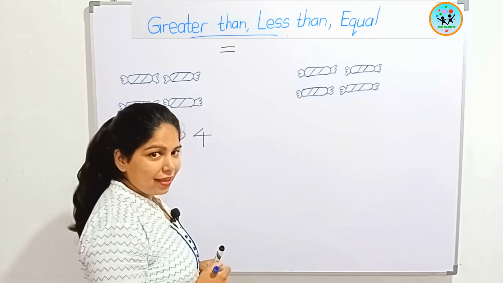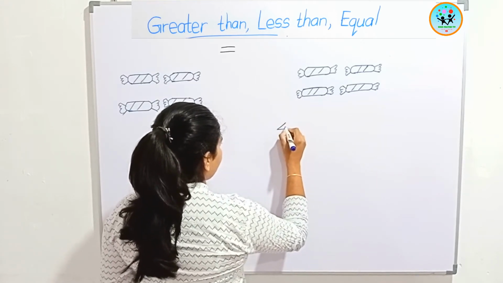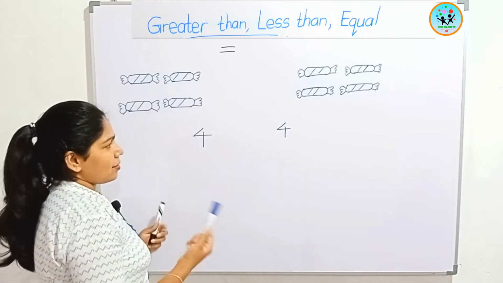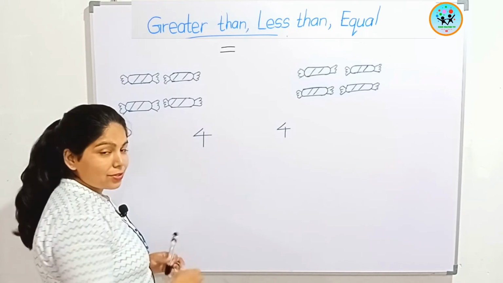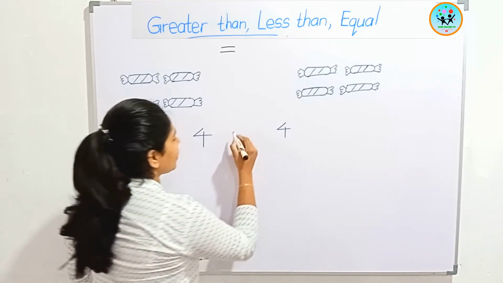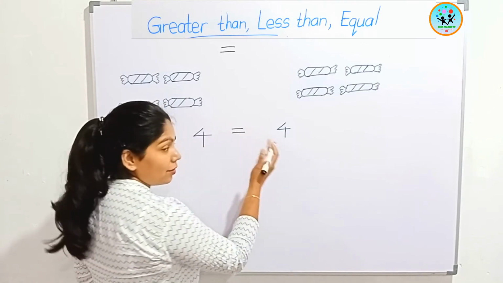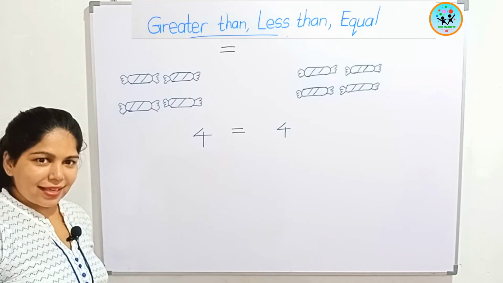How many toffees are here? 4 toffees on the right side. Okay. Now you can say 4 is equal to 4. The symbol is like this. 4 is equal to 4. Okay. Let's look at another example.